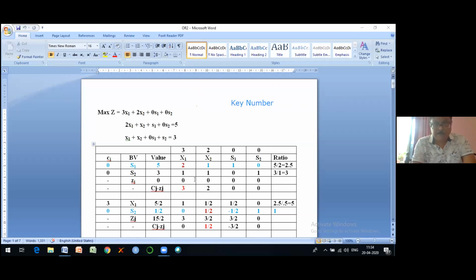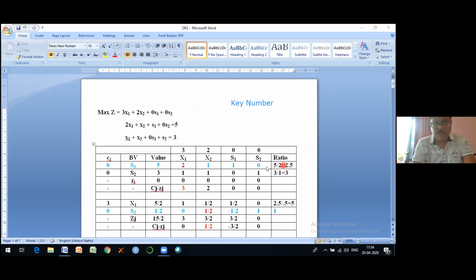Again, I am repeating. After computation of Cj minus Zj value, we will get this row. Then we have got two positive numbers. Out of these two positive numbers, the highest positive number will be considered, and accordingly we are selecting this column as the key column.